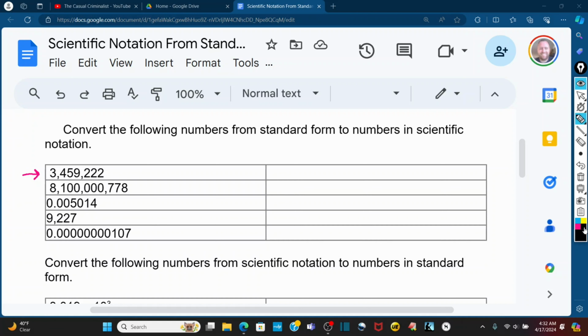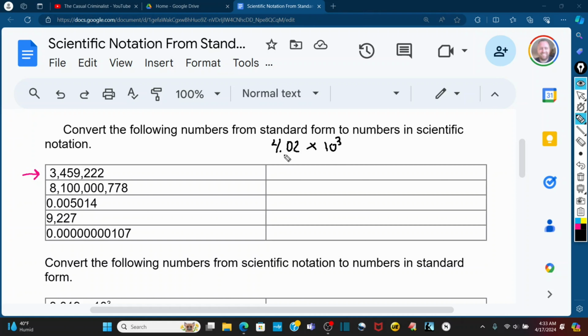So we're going to have to count how many times, when we're in scientific notation, let me back up a little bit. When we're in scientific notation, we'll have some number point something. It's going to look like this, like let's say 4.02 times 10 to the third power.